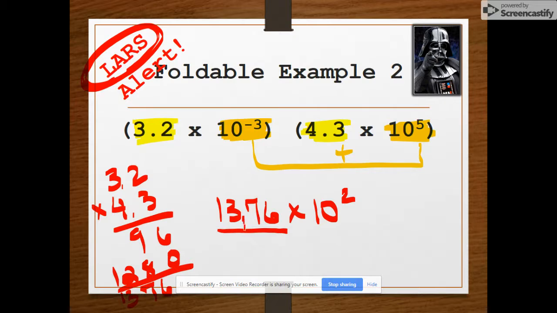In this case, I will move my decimal one place to the left. LARS stands for left add, right subtract. In this case, I moved left 1, so I'm going to add 1 to my exponent, which is going to leave me with a final answer written in proper scientific notation of 1.376 times 10 to the third power.